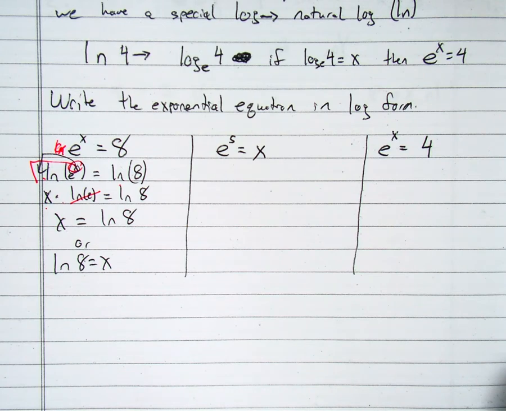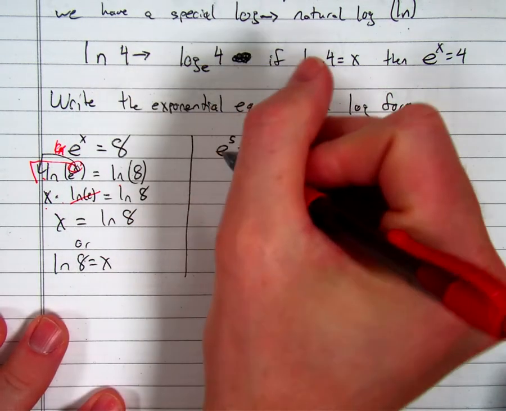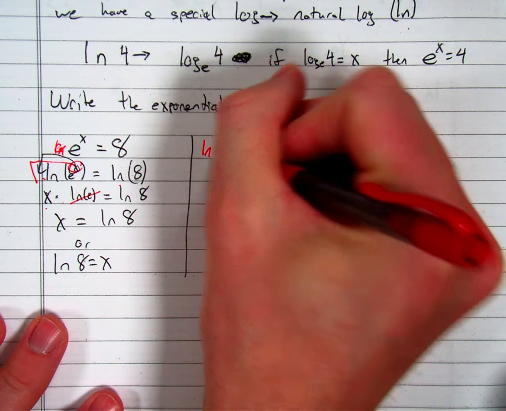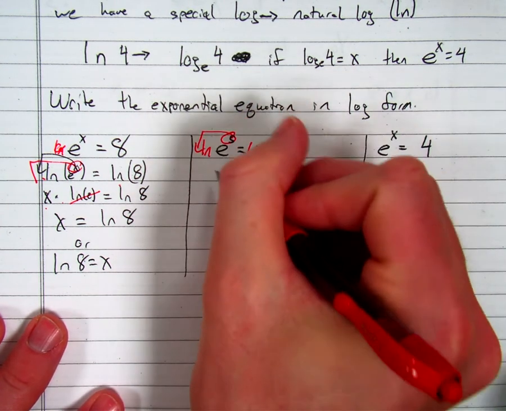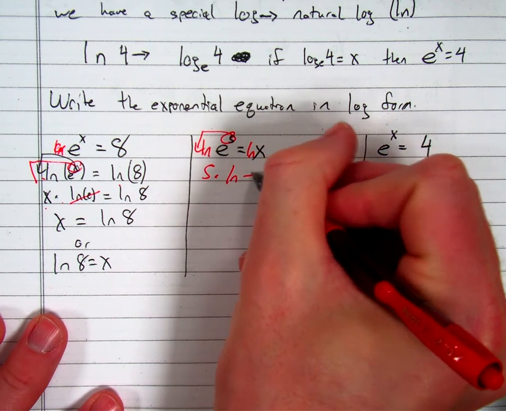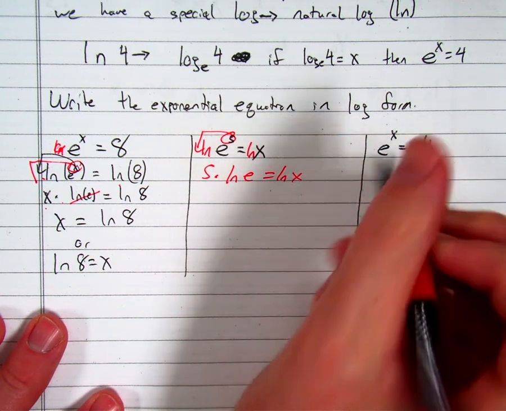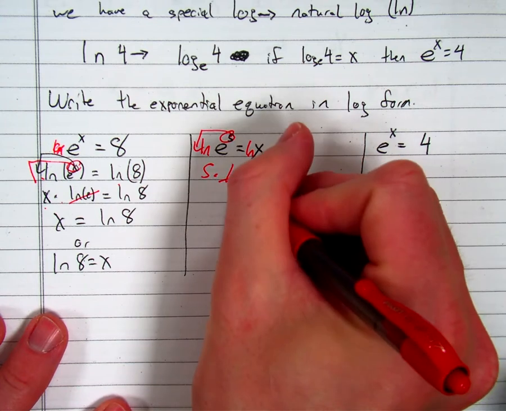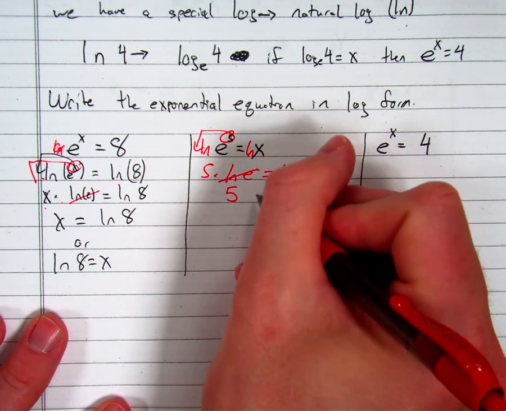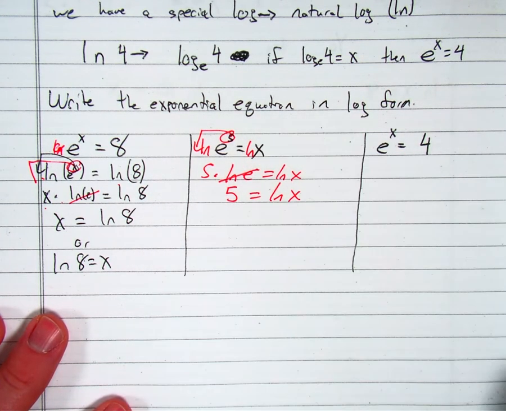Alright, welcome back. Let's see how you did here. Okay, we're going to natural log both sides. That's allowing us to bring that 5 down in front. Natural log and e would cancel out. We'll have 5 equals natural log of x.